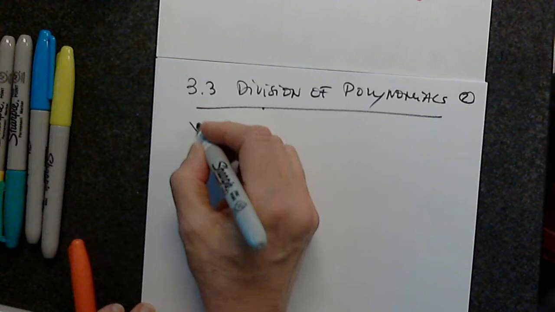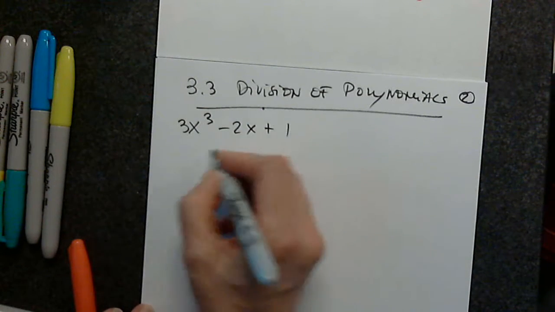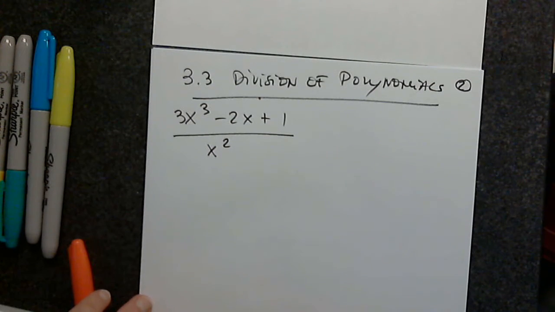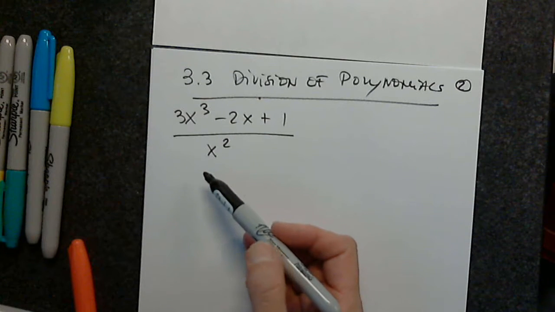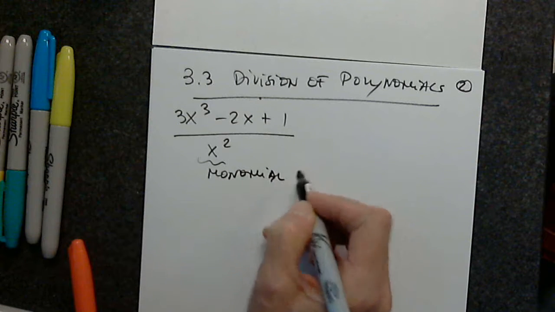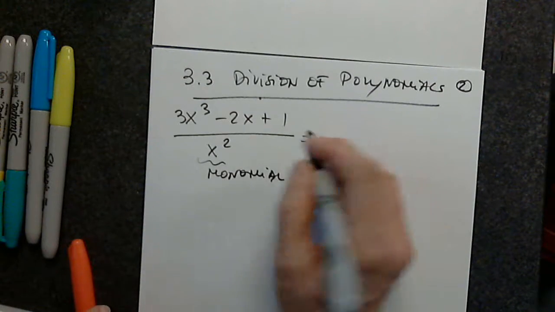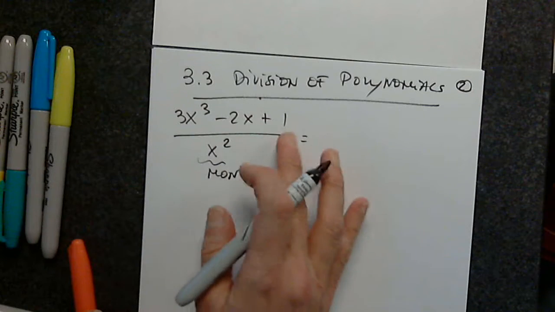Okay, so let's suppose I have 3x cubed minus 2x plus 1 divided by x squared. This is a division of a polynomial divided by one term, which is a monomial. Basically, in this situation, there is not a real division. The only thing I can do is separate into 3 fractions, because the numerator has 3 terms.